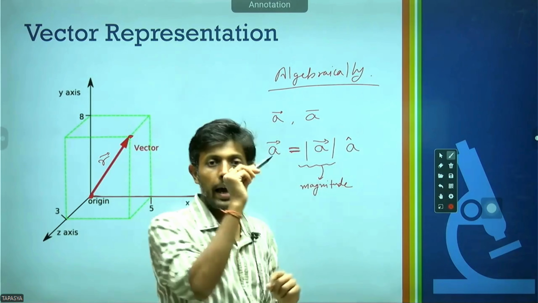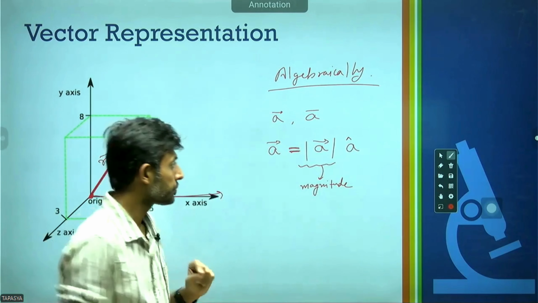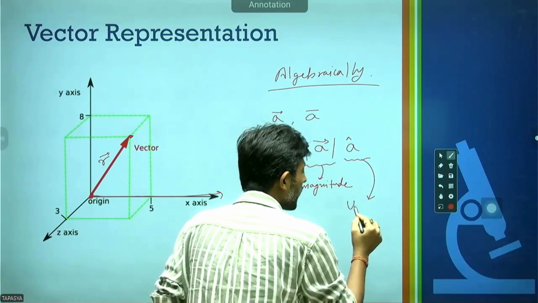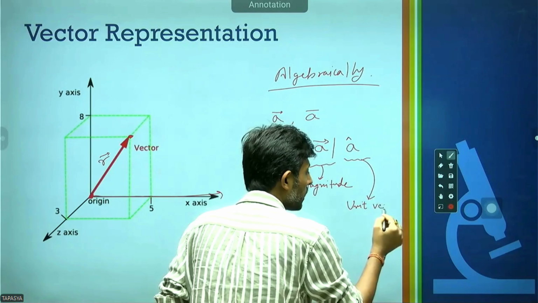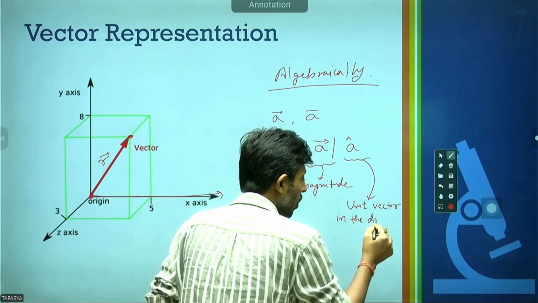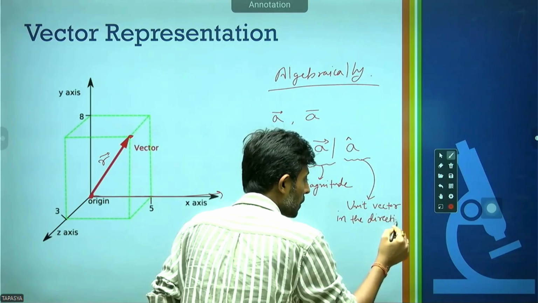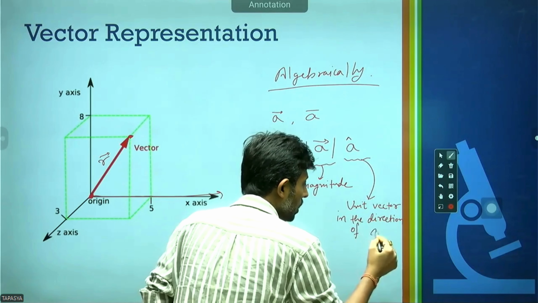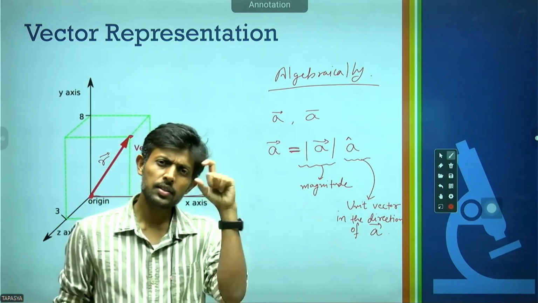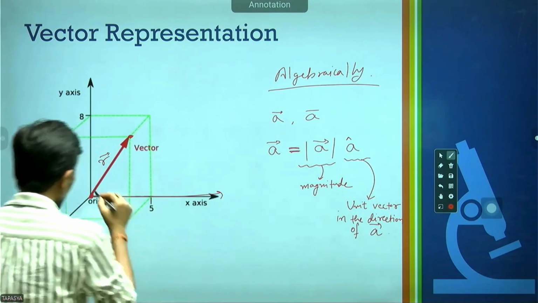So a hat or a cap, this thing is a unit vector in the direction of the original vector A. Okay, a unit vector is a small vector of length 1.